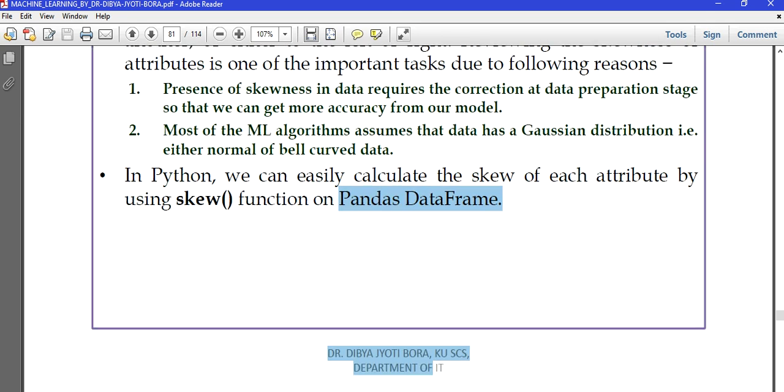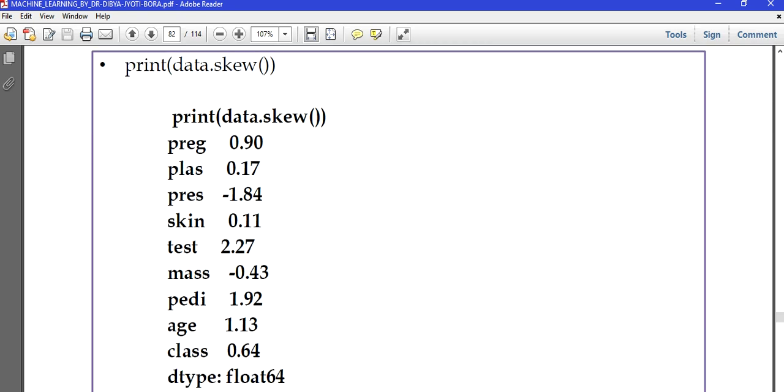Suppose, in the last lecture you saw that I analyzed the correlation matrix, and there we already have the data. So let's see its skewness. Print data.skew, and these values will be printed: preg 0.90, plas 0.17, pres minus 1.84.